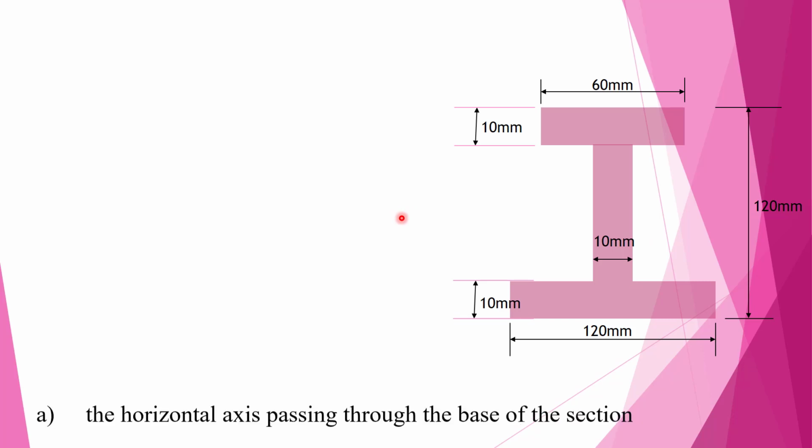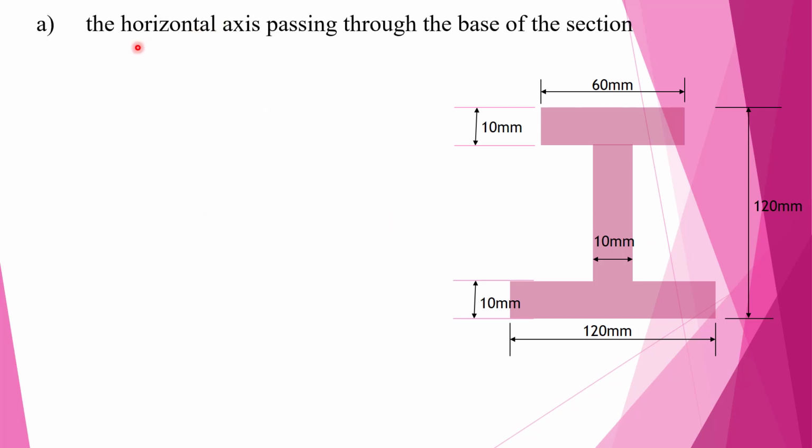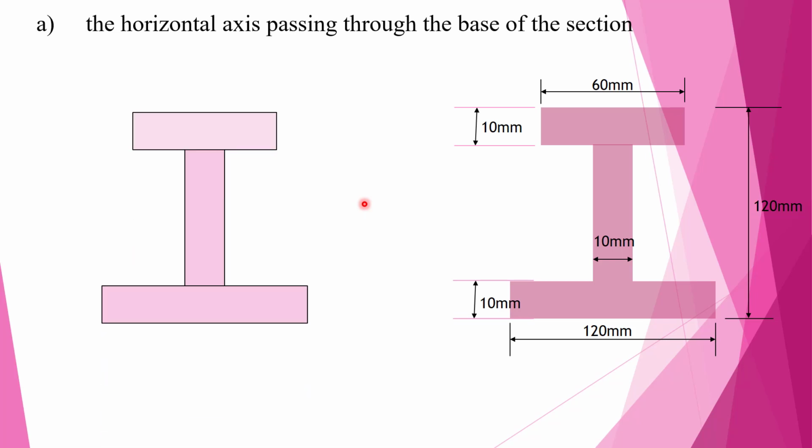First, we will try to find the moment of inertia of this I section about the horizontal axis passing through the base of the section. In order to find the moment of inertia, the first step is to draw the axis which is passing through the base of the section. For that, I will draw the I section first. Then we need to draw the reference axis passing through the base of the I section.